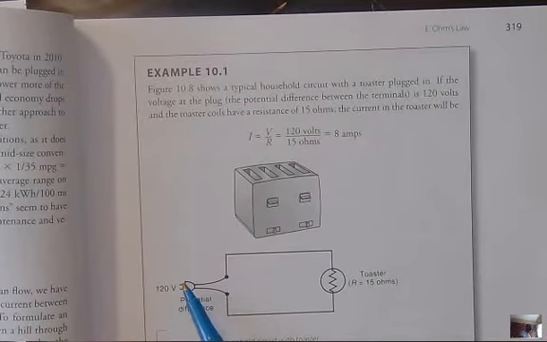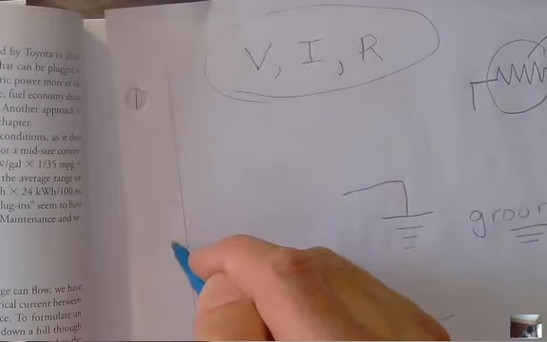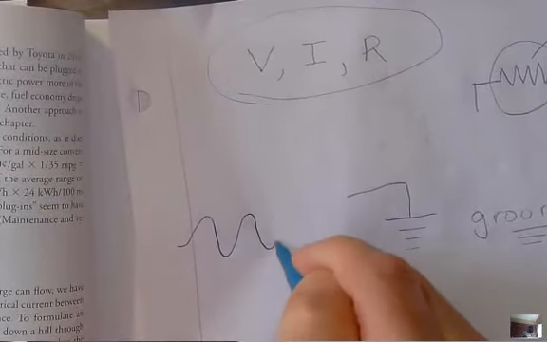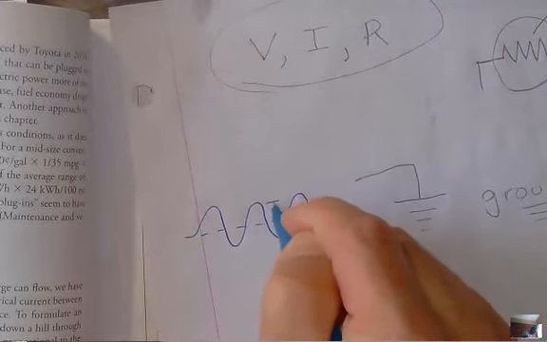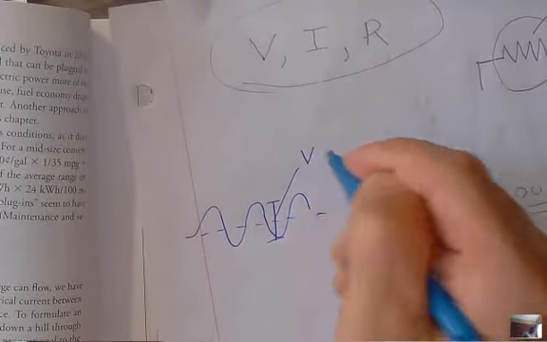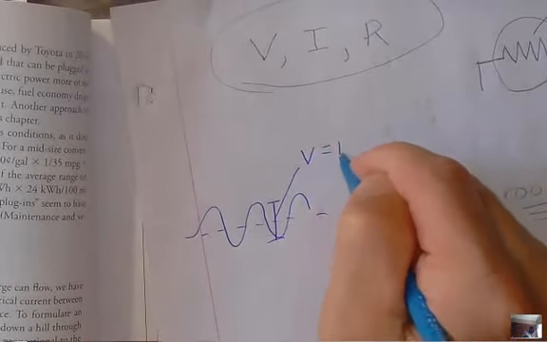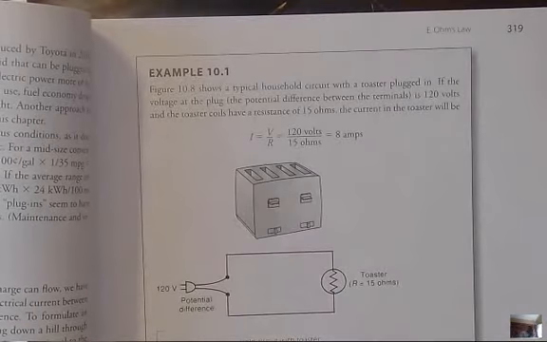The other side is AC at 120 volts peak to peak. So remember, AC goes like this. So where's our 120 volts? Here's 0. It's going to be from the top to the bottom. That's the potential difference at any one cycle. So the voltage is going to be 120 volts peak to peak.